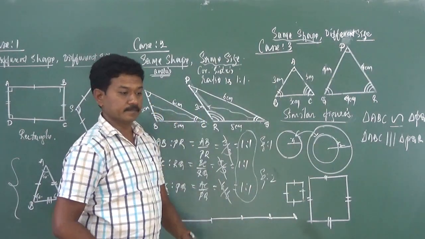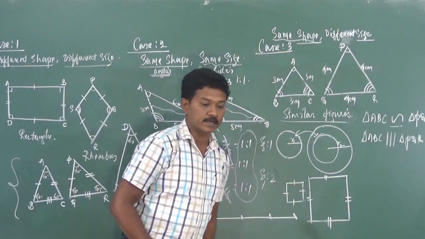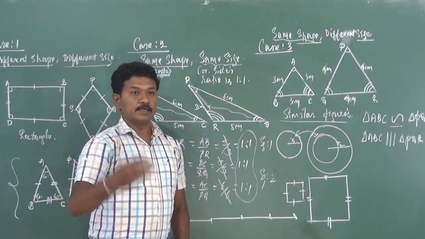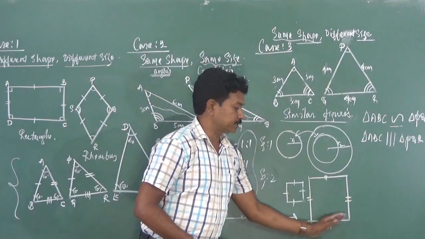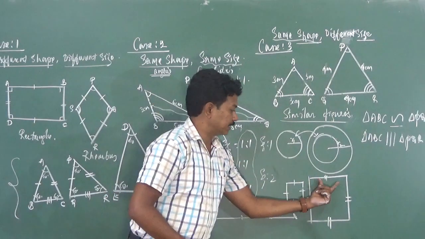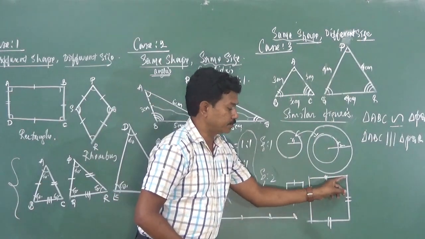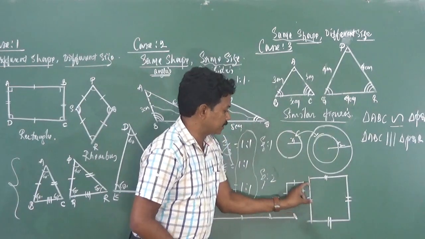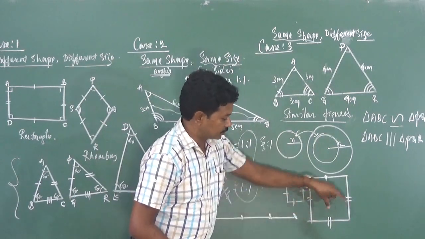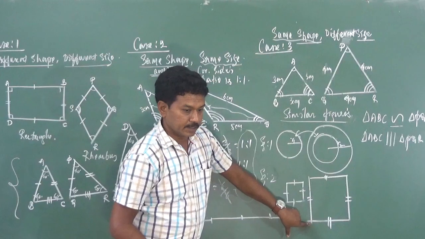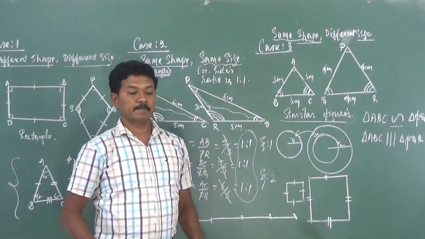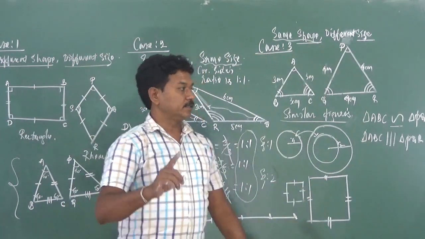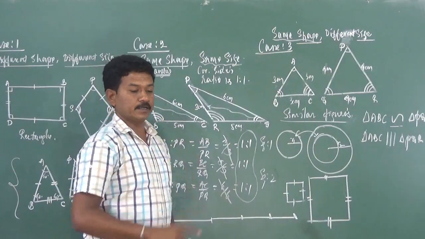No, it's not like that. They are non-collinear. And these line segments meet at their endpoints. So this line segment meets this at its endpoint. This line segment meets this at its endpoint. This line segment meets this at this endpoint. Right? If all these properties apply for a geometrical figure, then we call it a polygon.